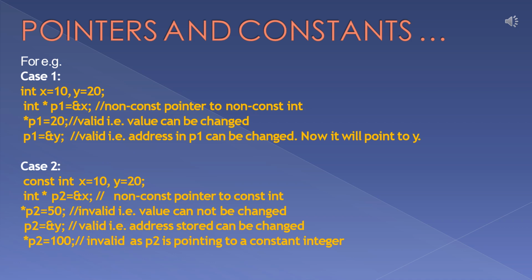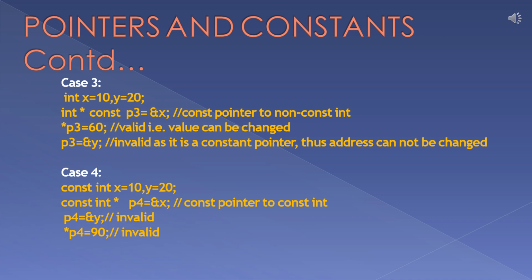Now P2 equal to address of Y is possible because you can assign the pointer to another variable. No issue in that. Similarly, if you try to change the value of Y using P2, that becomes invalid because X and Y both are constants.